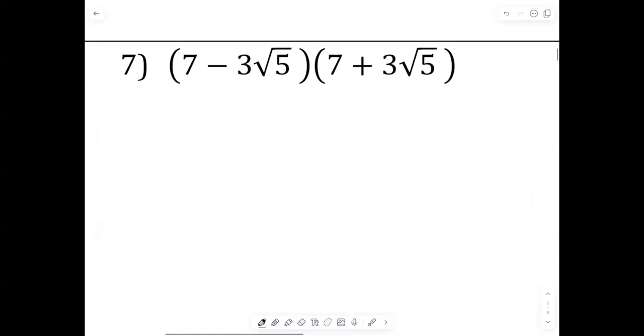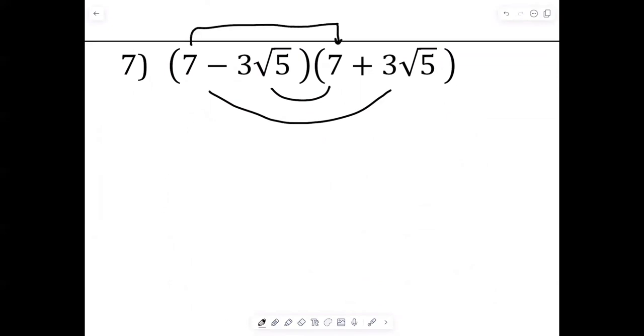Let's knock out number 7. This is the annoying one, but if you're careful, it's not so bad. Does the middle term cancel in this case? Yes, the middle term cancels. This smiley face and this smiley face cancel, so we don't have to worry about the middle term. We can say 7 times 7 is what? 49.